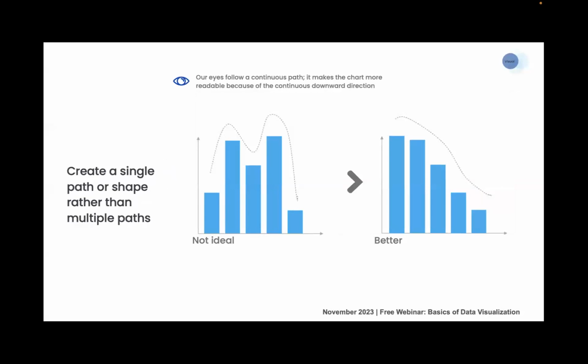When people look at charts like this, our eyes follow this continuous path. This path, when it comes to this up and down, brain consumption gets higher. So if it's possible, you can sort it and show it this way or the other way, descending order.